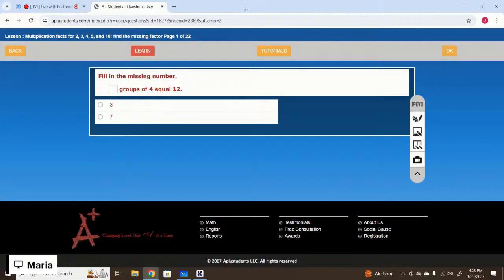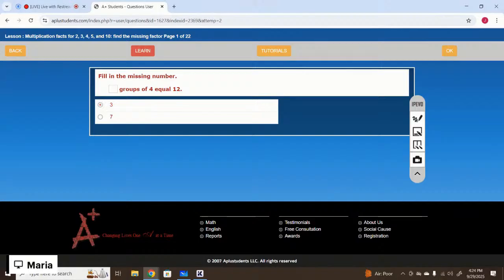Fill in the missing number. How many groups of 4 equals 12? Four times 3 is 12. 3 groups of 4 equals 12.